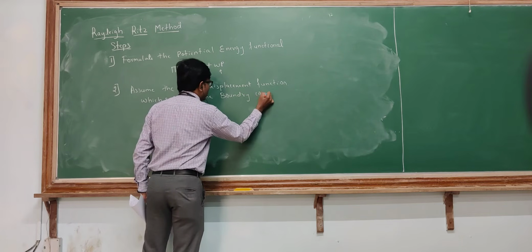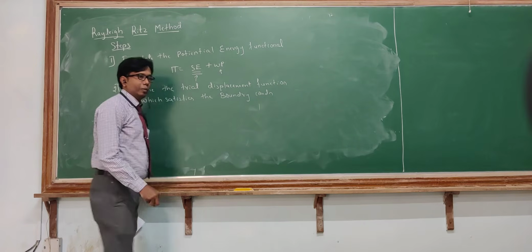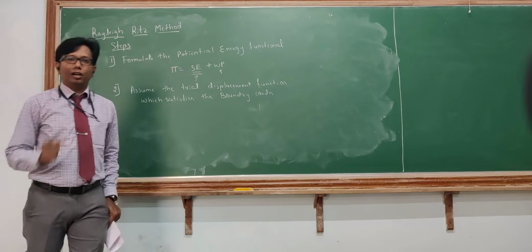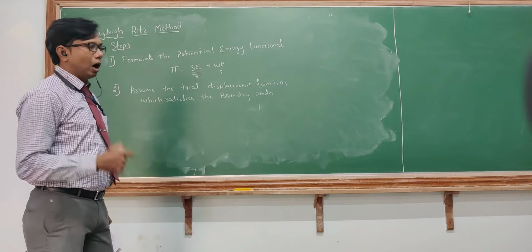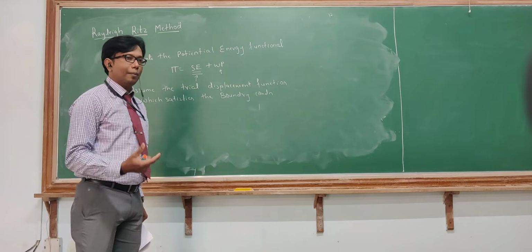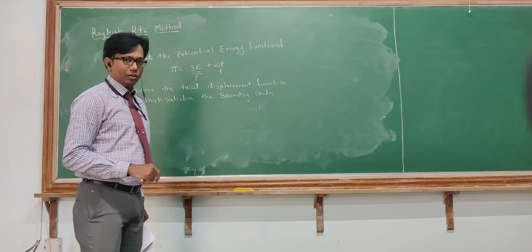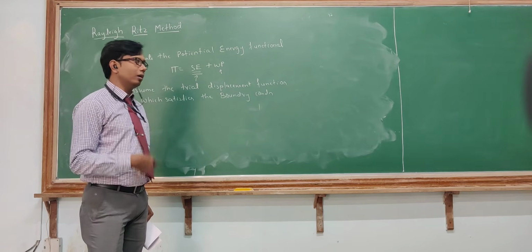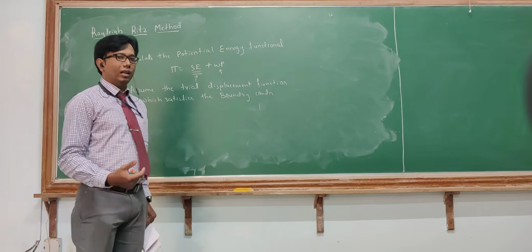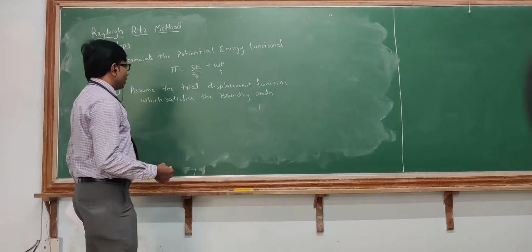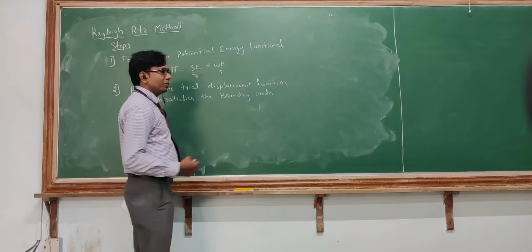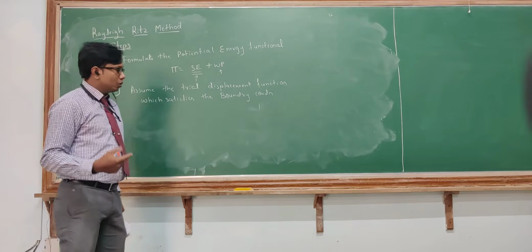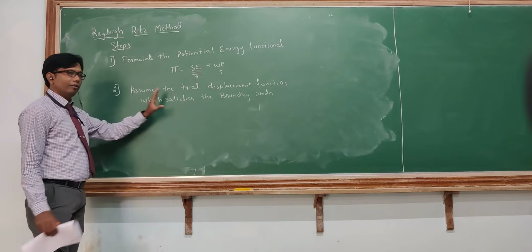What does this mean? I have already told you that in the Rayleigh-Ritz method you are assuming a displacement function, which means how the displacement is happening with respect to the length. Most of the time in this theory we are doing 1D analysis, so we are interested in finding the displacement happening in one direction. So we will be assuming a trial function.